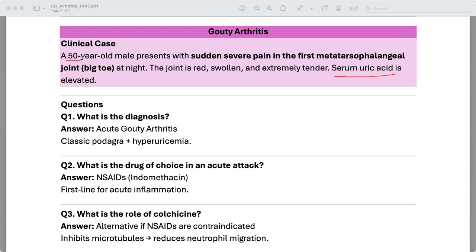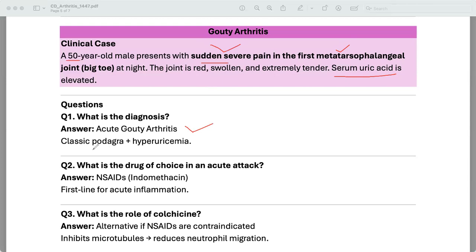Age is 50 years, sudden severe pain, and the metatarsophalangeal joint is affected. What is the diagnosis? Acute Gouty arthritis. Why acute? Sudden, severe, acute.